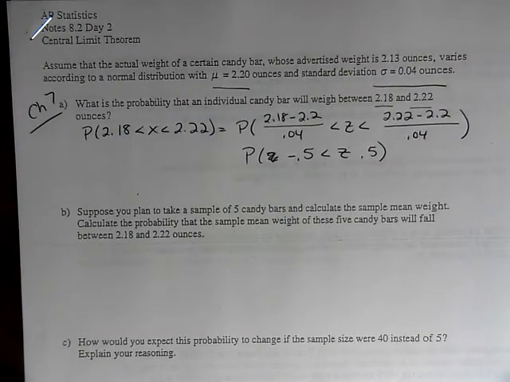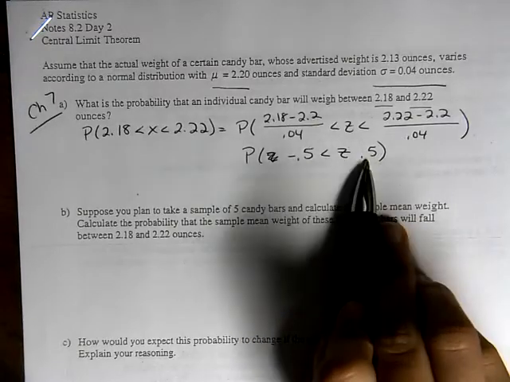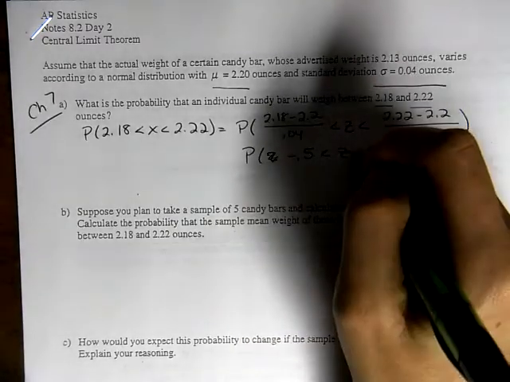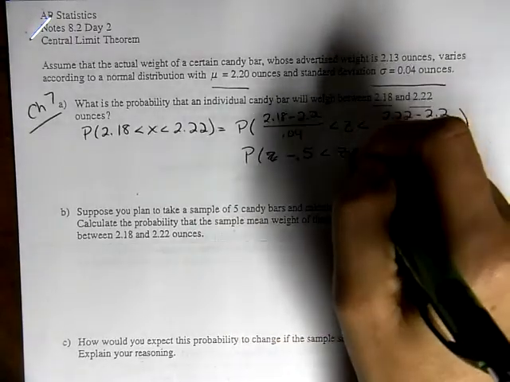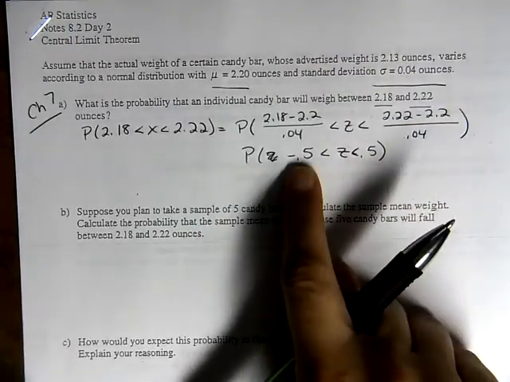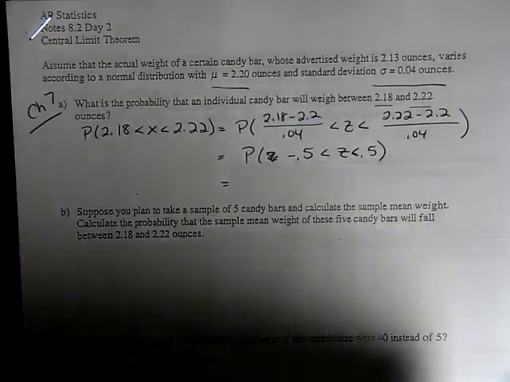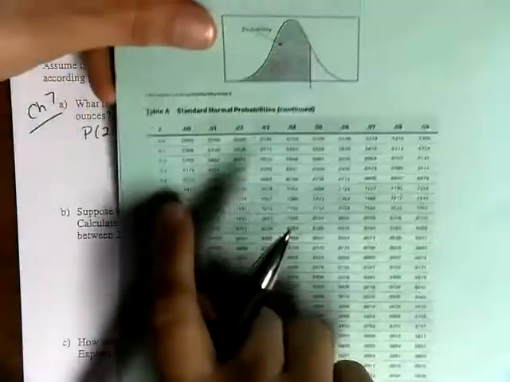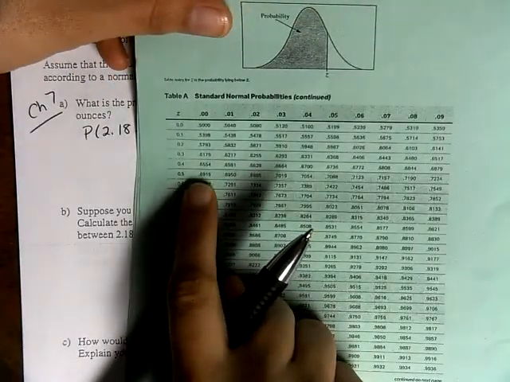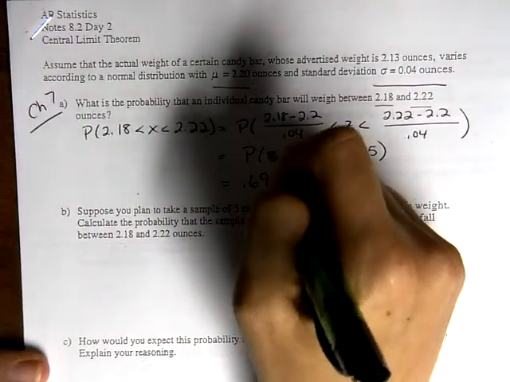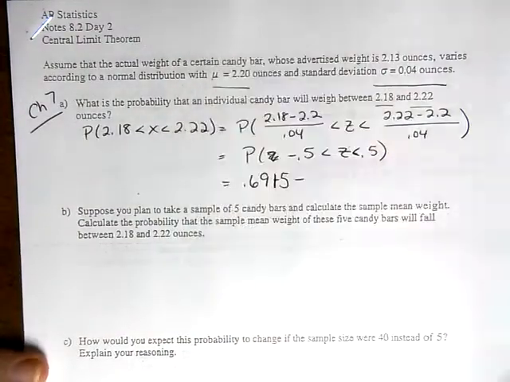Remember, when you're doing an in-between, we're going to find the probability that z is less than 0.5 first, and then subtract the negative, because the formula sheet always gives you the less than. So 0.5 is 0.6915.